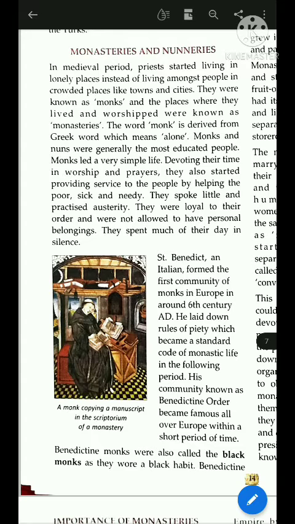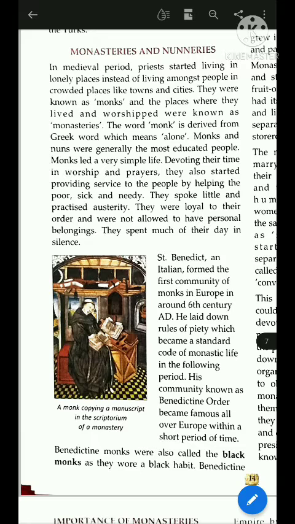So students, in the medieval period, priests, the worshippers of God like pastors or fathers, started living in lonely places instead of living with the people in towns and cities. They used to live alone.